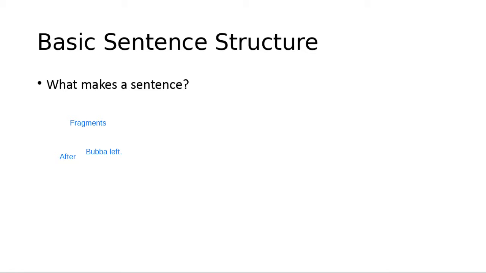If you put a dependent clause at the beginning of the sentence, you would use a comma afterward. After Bubba left, the party ended. So the party ended is a complete sentence that tells us what happens after Bubba left. If you reversed these, the party ended after Bubba left, you would not need the comma.